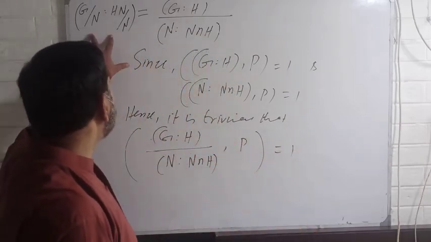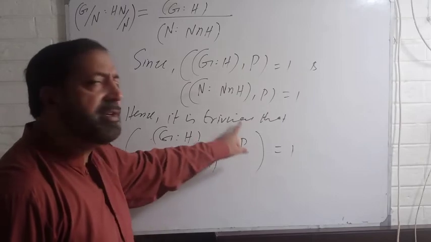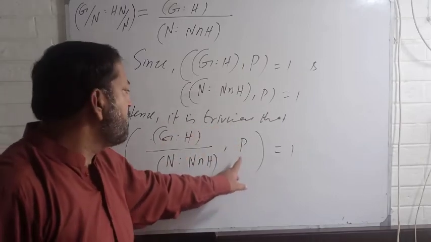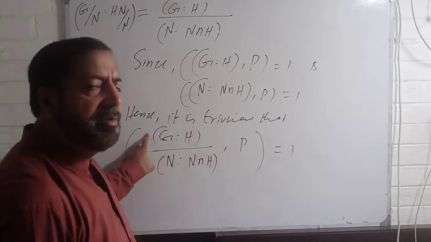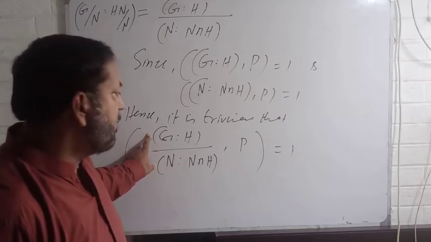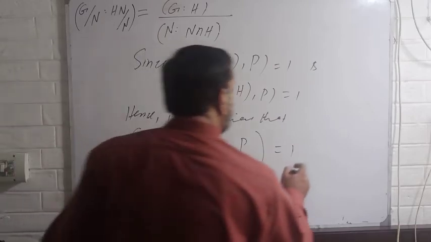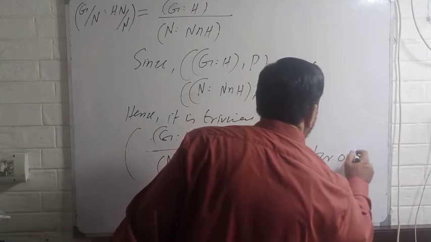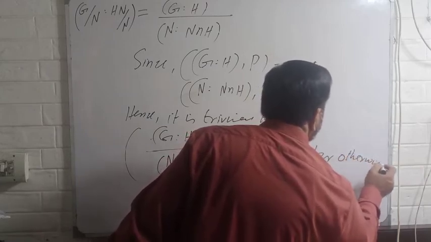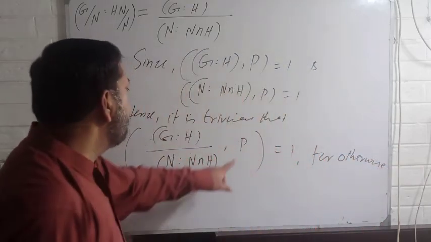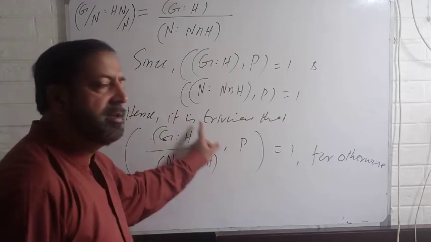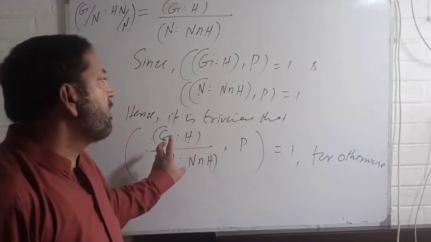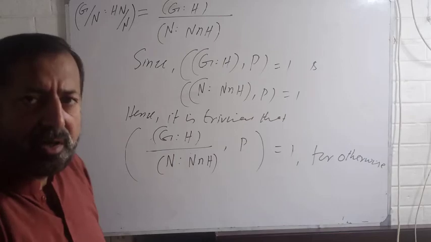That is, this index is prime to P. So if it is not relatively prime, then of course P must divide this. Okay? So we will generate a contradiction. Otherwise, you see, P must be a divisor of this. So from here we are producing a contradiction.